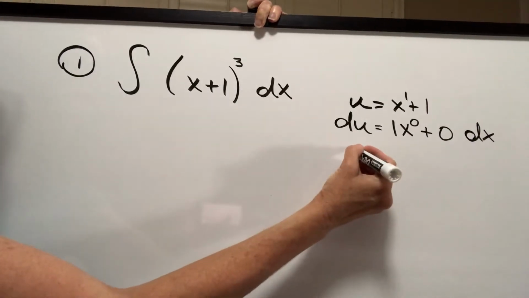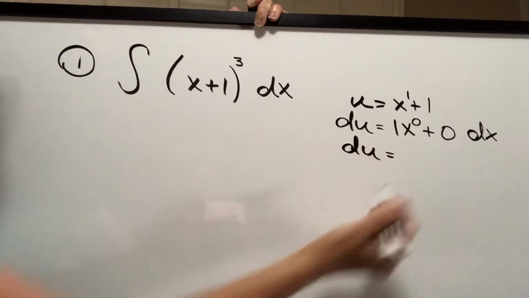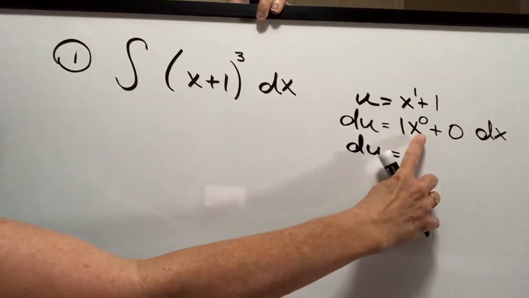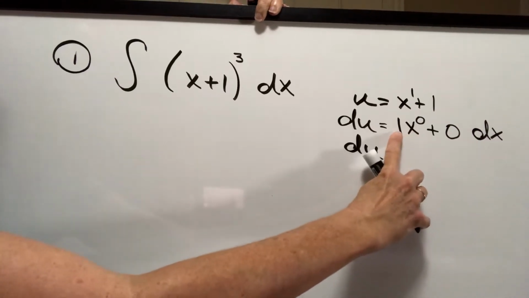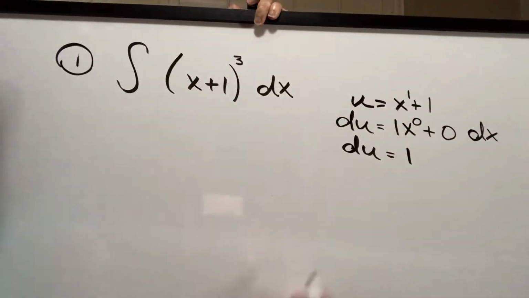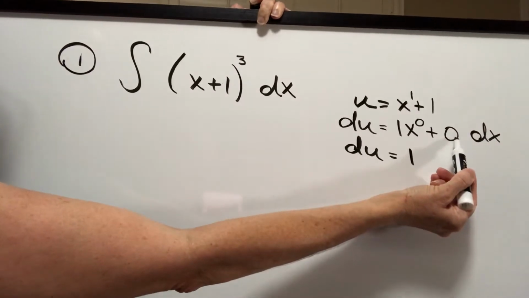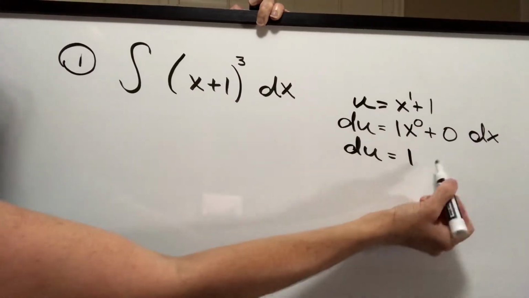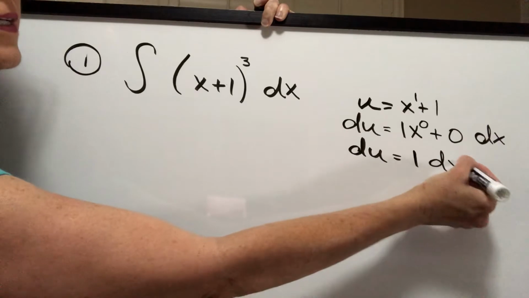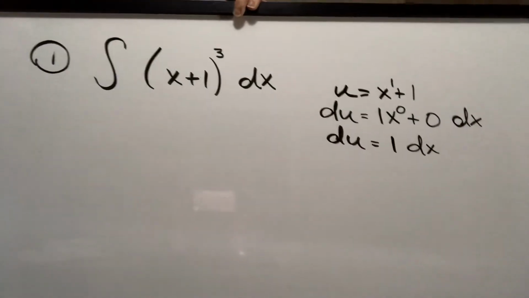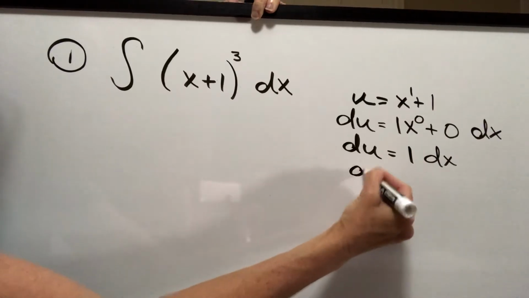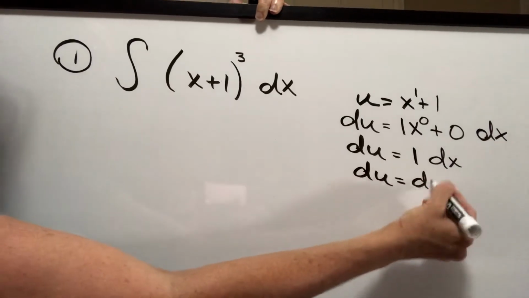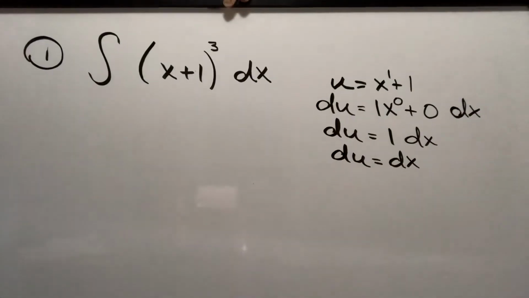Now we're going to clean this up a little bit. du will equal... in algebra, you learned that any number raised to the 0 power is 1. So this is really just 1 times 1, which is 1, and then of course that's 0. I'm not going to put plus 0, and then I still have the dx. We know that multiplying 1 by something makes it the same thing, so in this case, du will equal dx.